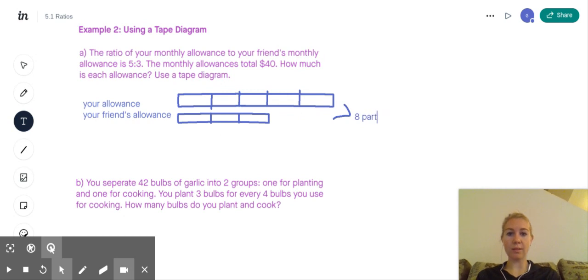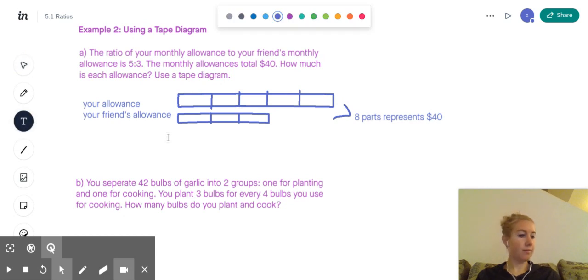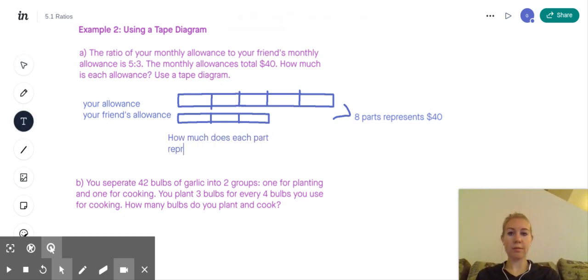So there's 8 parts, and we know that represents $40. We want to figure out how much each part represents.